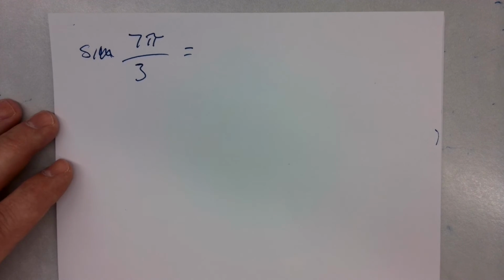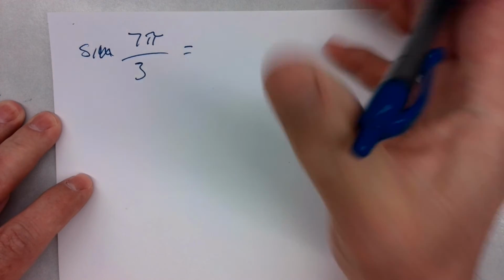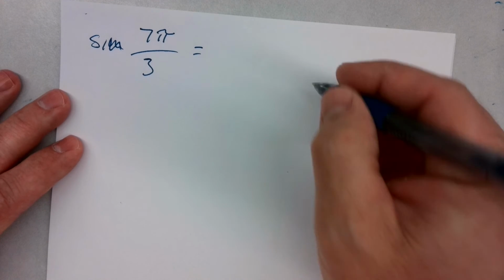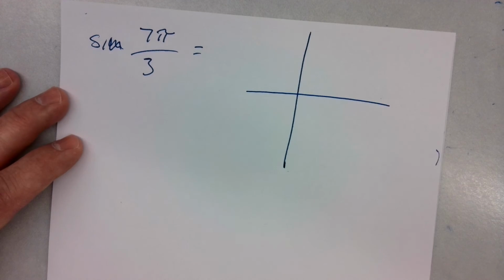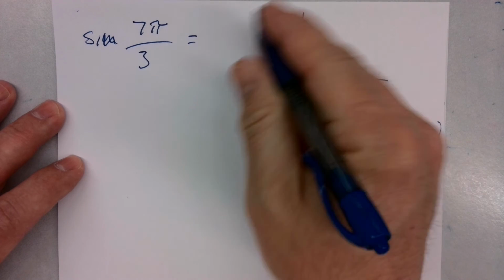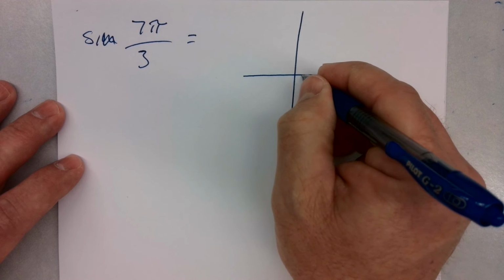15. Alrighty, who is 10? Garrett, what do you got for me? Where is 7 pi thirds at? Quadrant 1? We already did this, that's the exact same size.